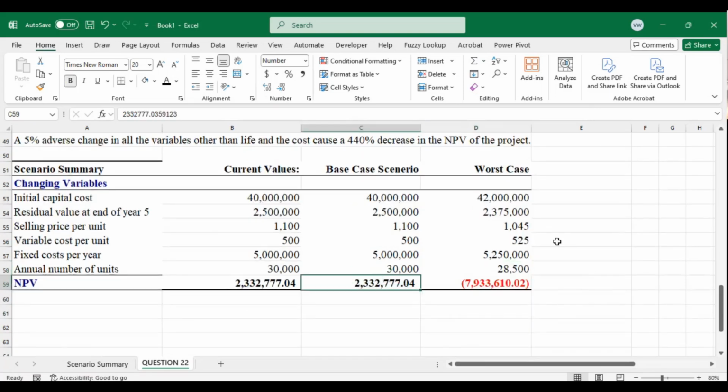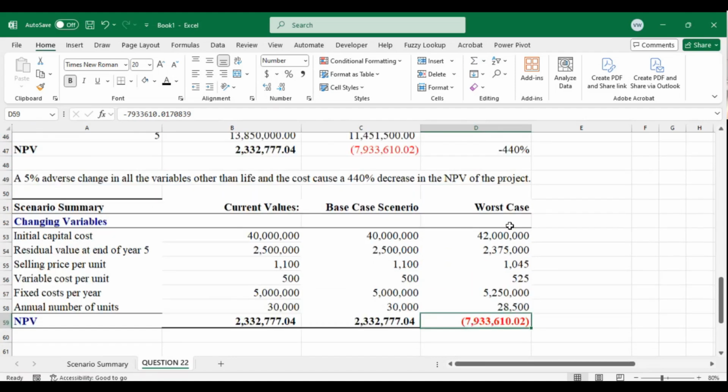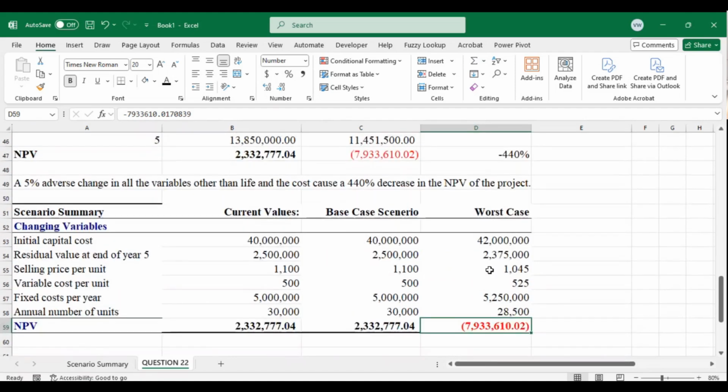And the NPV under the base case was 2.3. The general impact of that adverse change has reduced the NPV to negative 7.9. So this is just a summary of our data.